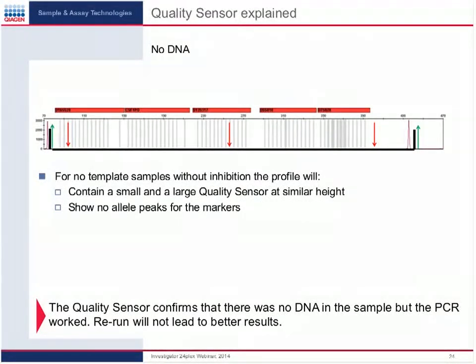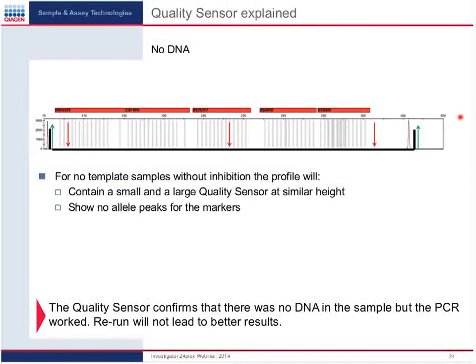If you perform a negative control, for example, or you have a casework sample where you don't have any DNA in your sample, then the profile would look like this, as you can see in this figure. You can't see any STR peaks because you don't have any DNA, but quality sensor 1 and quality sensor 2 are present.